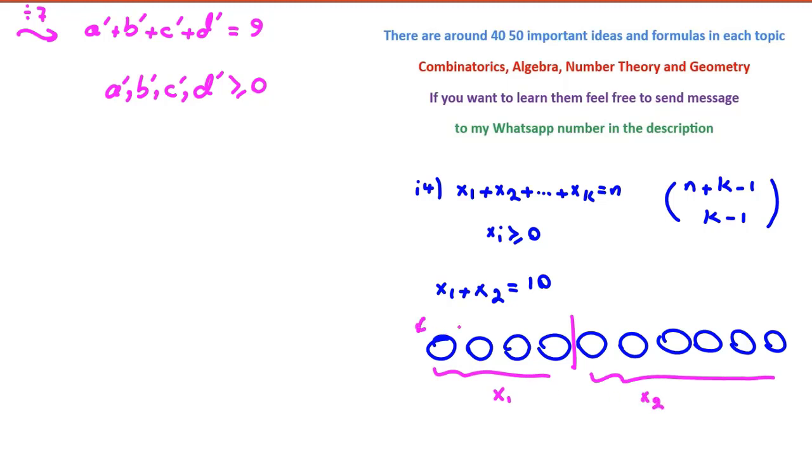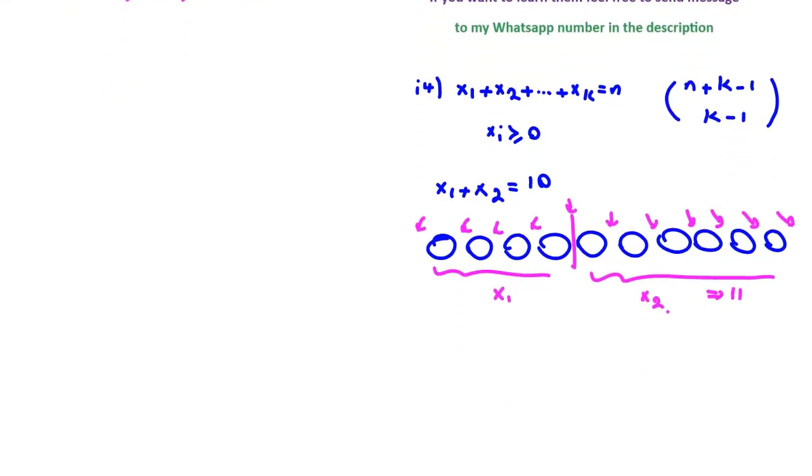So this divider can be in any of these places, and at the end too. 11 cases. So the answer will be 11. If we use the formula, n is 10, it will be 10 plus 2 minus 1 over k minus 1, which is 1, so 11 choose 1.